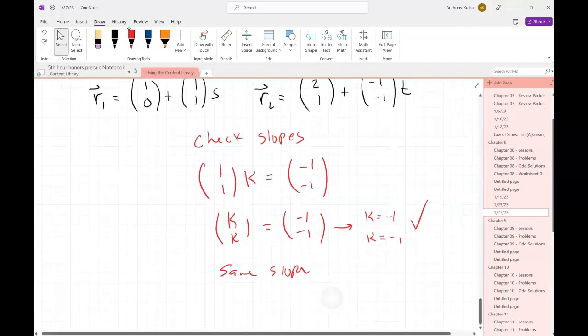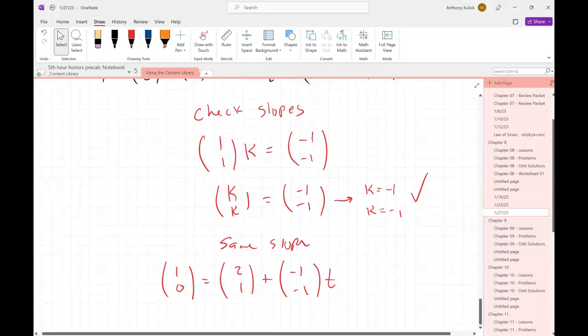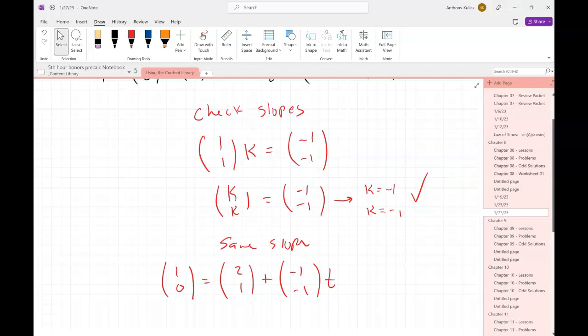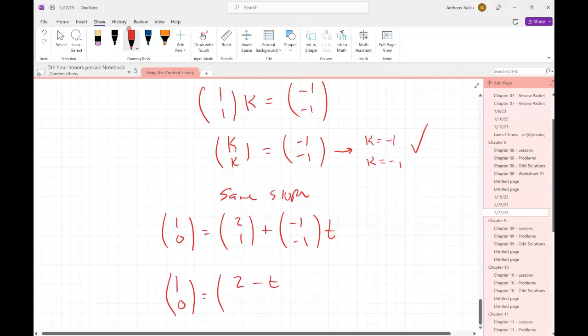So the next thing we're going to check is we're going to just take the point from R1 and plug it into R2 and see if we can solve that for a single t. So I have (1, 0) is equal to (2 minus t, 1 minus t).